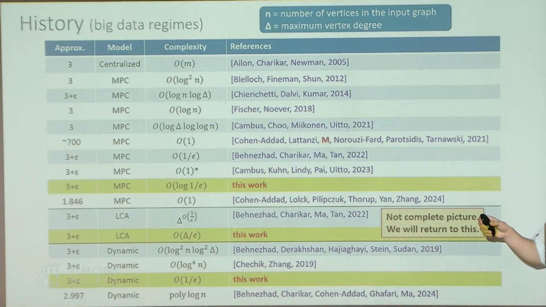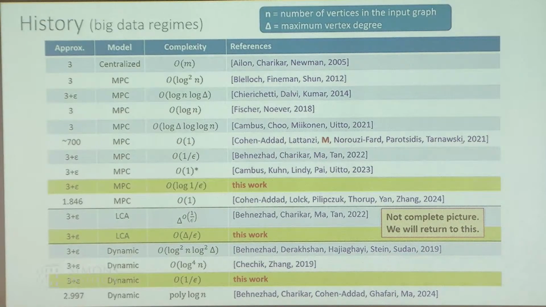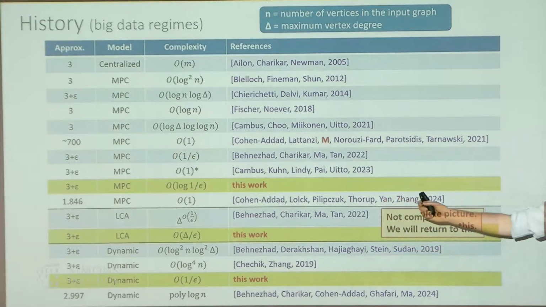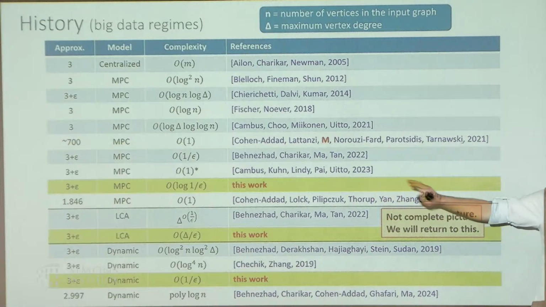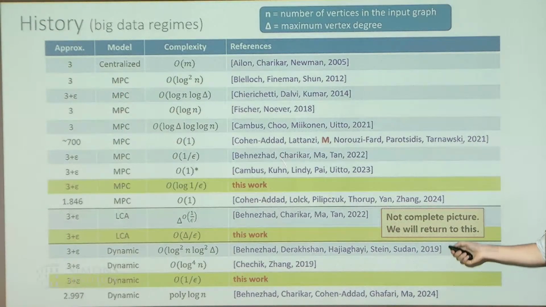One of those setups is massively parallel computation. People have been trying to get good approximation, but also to execute this in as few rounds as possible. If you don't know exactly what MPC is, it does not really matter. I'm not going to use MPC in the rest, but I'm listing this just as one line of results.